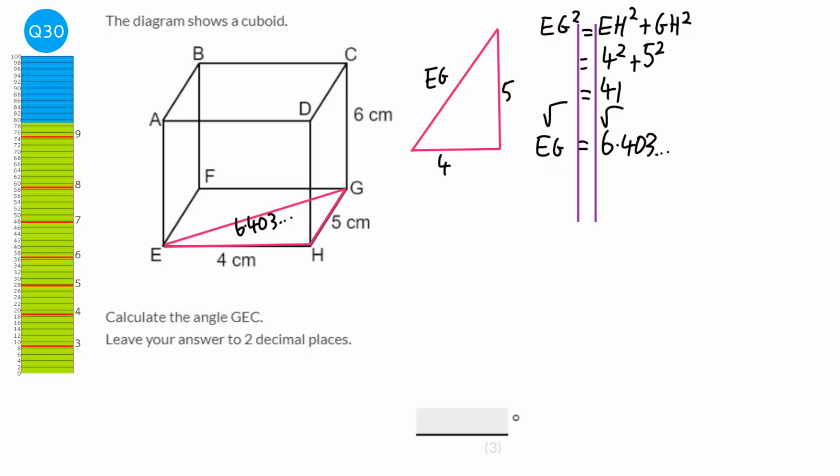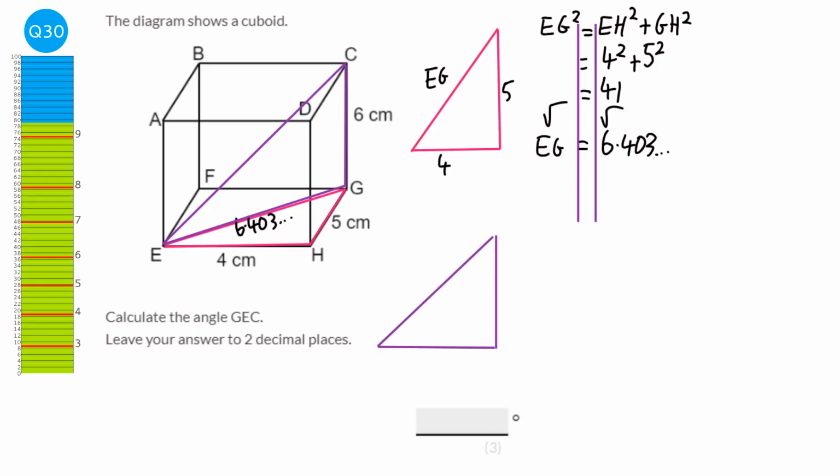So we need to draw in another triangle onto our diagram. We'll do this a different colour. So GEC, the triangle would be here. Okay, and so I'm just going to draw that triangle as a two-dimensional triangle.